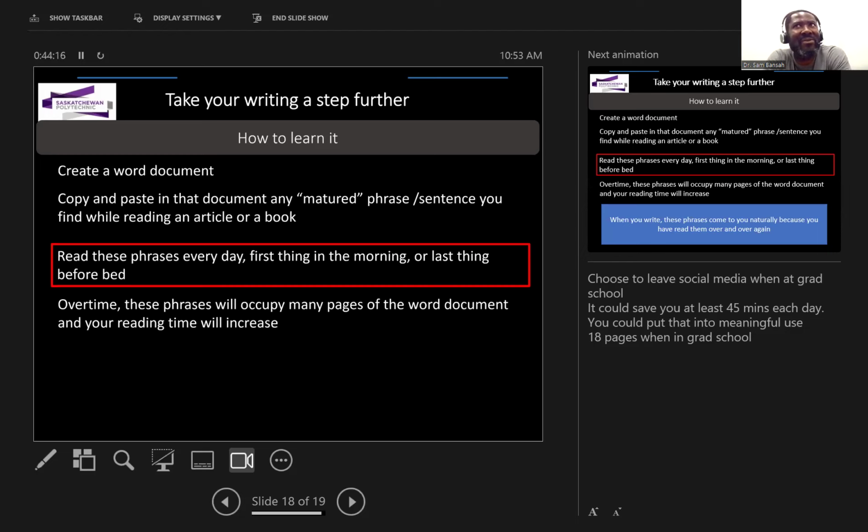When I was in grad school, I left Facebook. I left Facebook altogether. I just suspended my Facebook account because I realized you wake up in the morning and you see all these alerts, and then you have to read all of it. It takes your time.